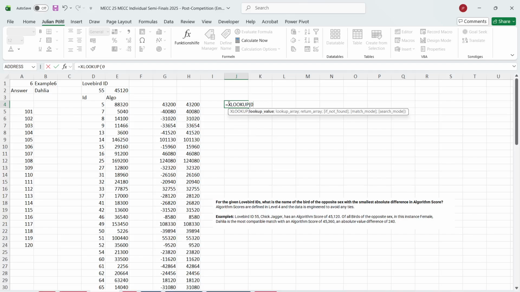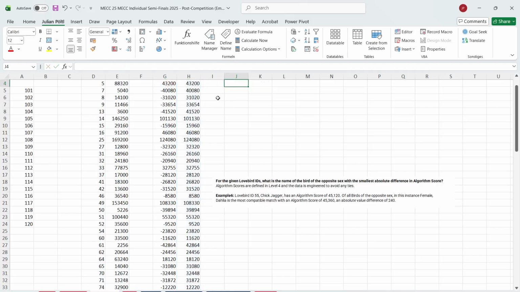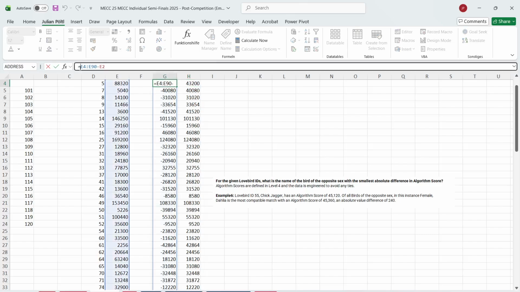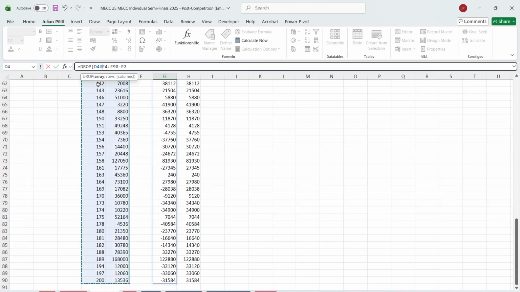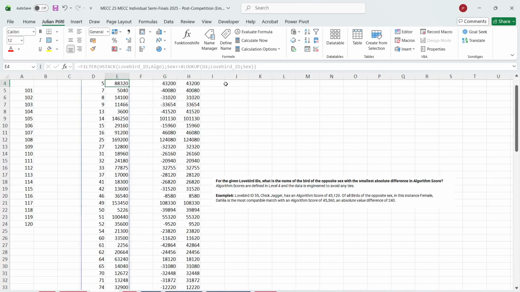XLOOKUP 0 in here returning, okay, this is fine. This is drop 1, and this is fine.